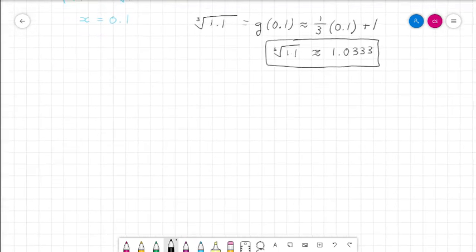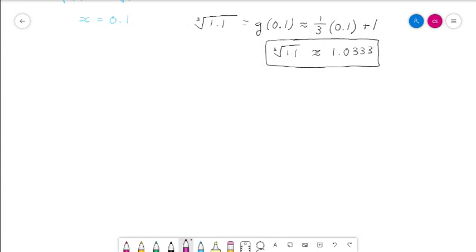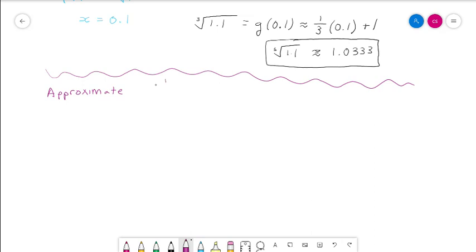Okay, so let's look at another example of how we can use this. What's up next is we're going to approximate 1 over 4.002 using linear approximation.